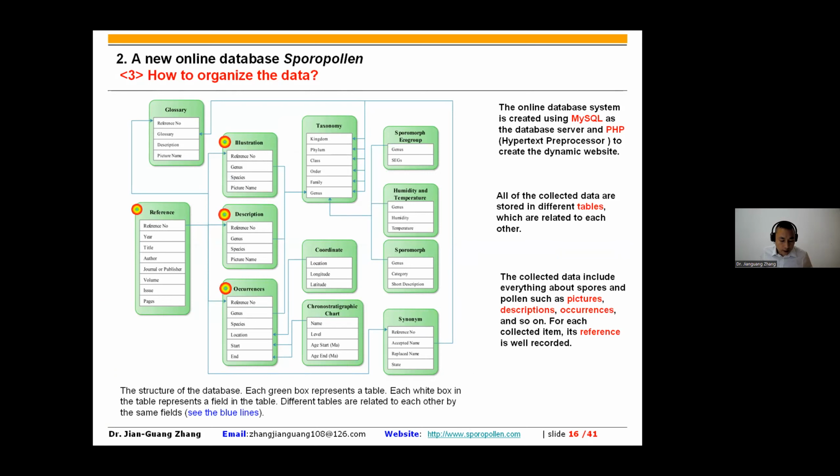For each collected item, its reference is well recorded, so that the reference of each collected item can be traced. The database system is created by using MySQL as the database server and PHP to create the dynamic website.